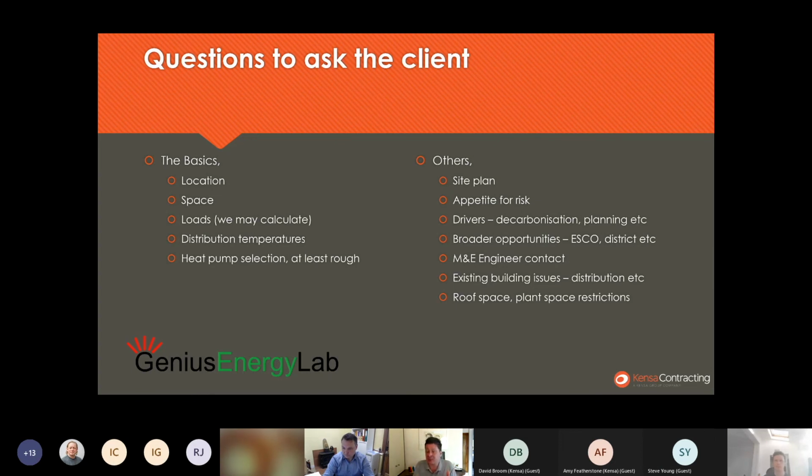So is a decarbonisation agenda the main driver for this? What is your counterfactual? Is the fuel you're displacing gas? Is it electricity? Have we got heating and cooling associated with it? There may be planning requirements, which is driving a project away from gas and away from direct electric towards heat pumps in general. So it's worthwhile considering what those client drivers are.